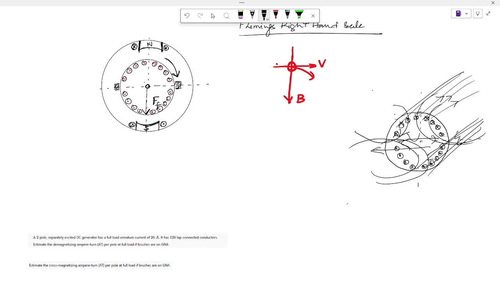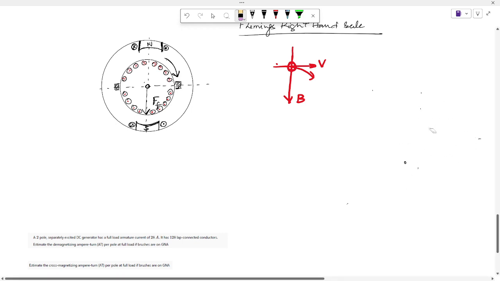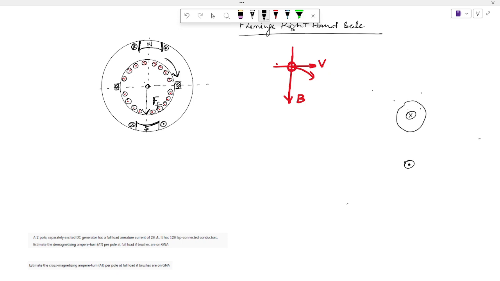Let me show you properly, only two conductors. This is cross, this is dot. For the one going into the paper, the magnetic field lines will be clockwise, this way.